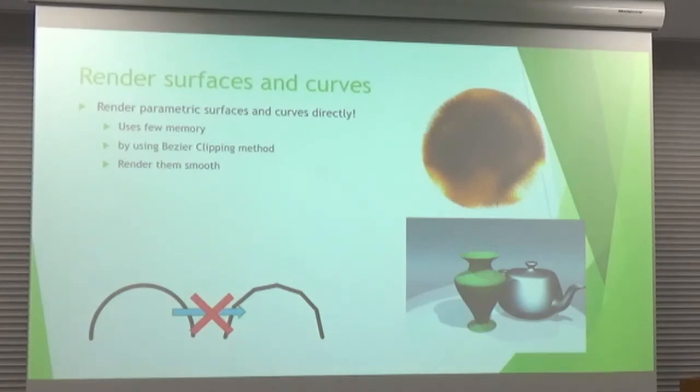Converting a smooth surface to a polygon mesh uses a large amount of memory, and converting to a polygon mesh causes another problem. If you move the camera closer to the object, you see cracks between polygons.